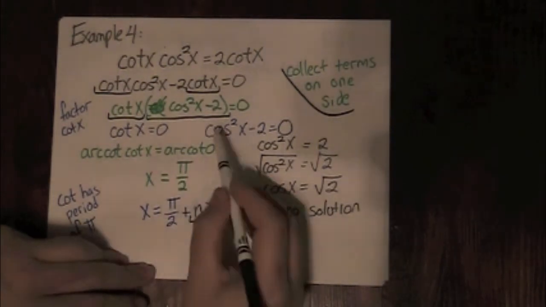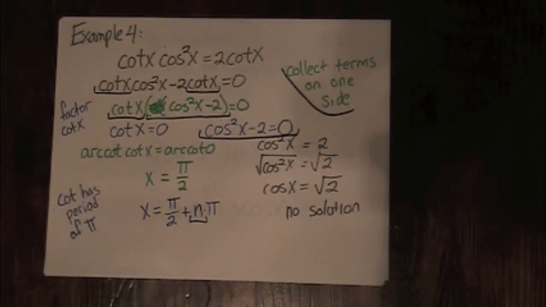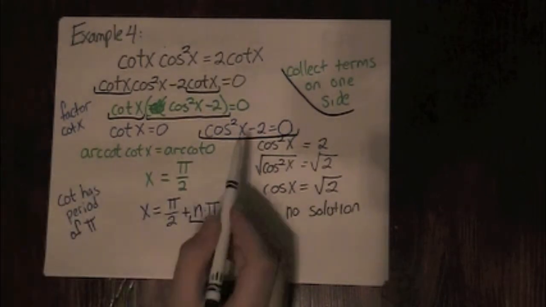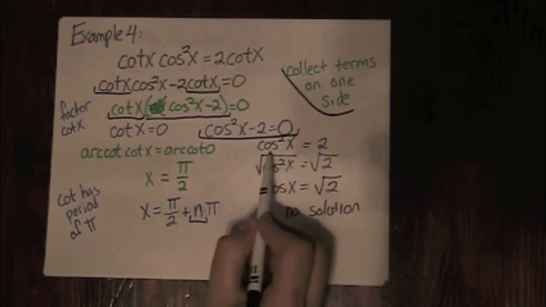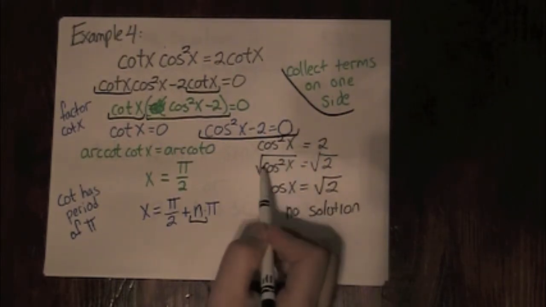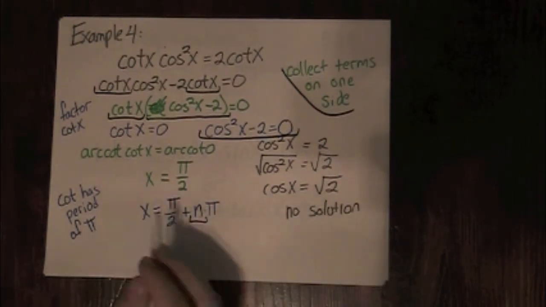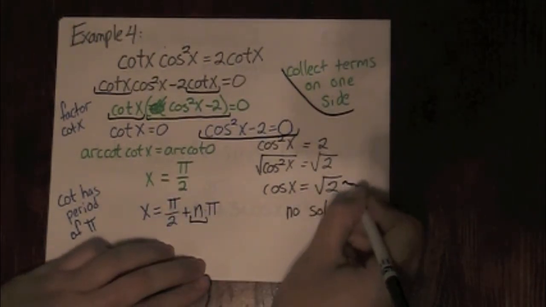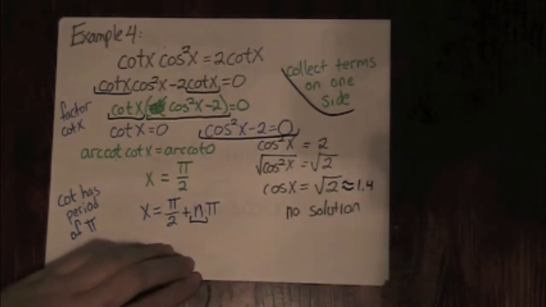But we're not done. We still have the second term, cosine squared of x minus 2 equals 0 to solve for. Let's isolate my cosine squared of x by adding 2 to both sides. Cosine squared of x equals 2. If I square root both sides, I'm left with the cosine of x equals the square root of 2. The square root of 2 is about equal to 1.4.